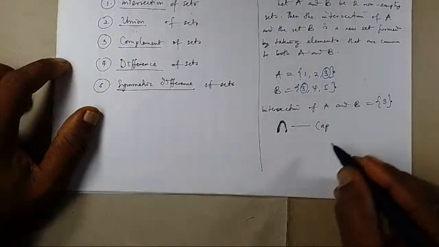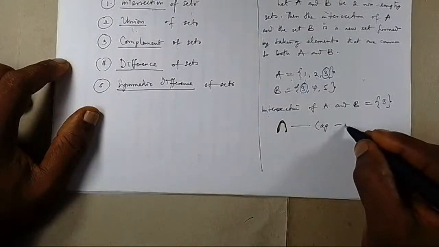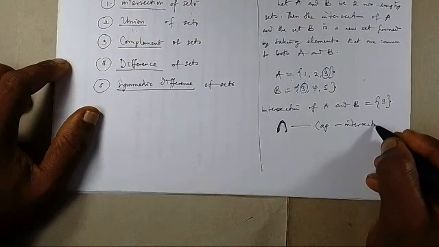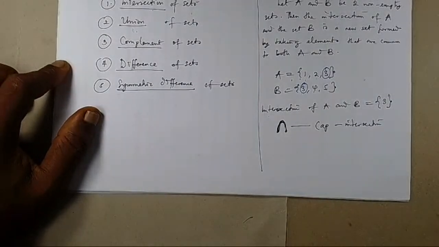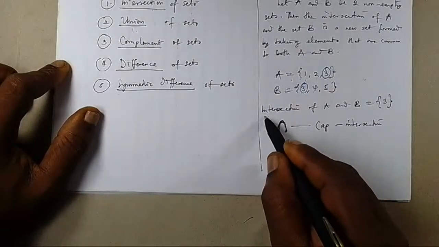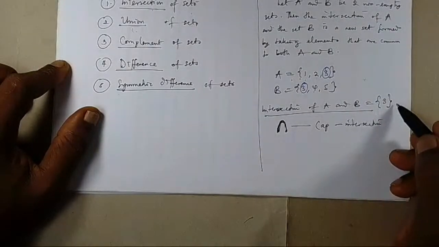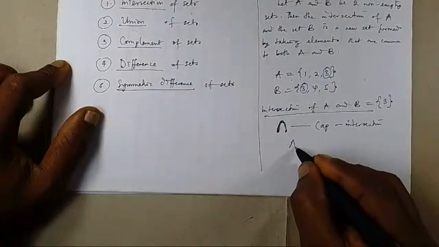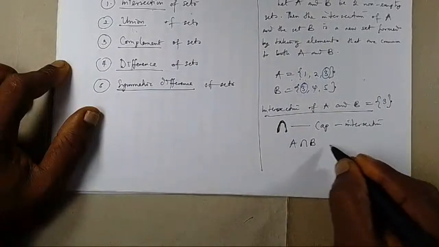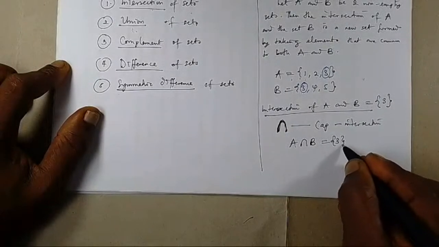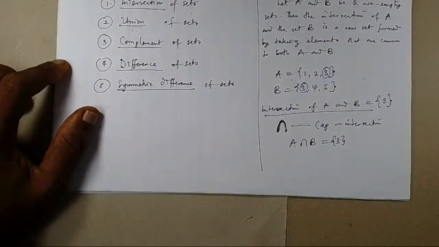So the symbol cap is used to represent the intersection operation. So rather than write intersection of A and B equals 3, we write A cap B is equal to the singleton. Remember, in yesterday's class, we said a singleton is a set that contains only one element.